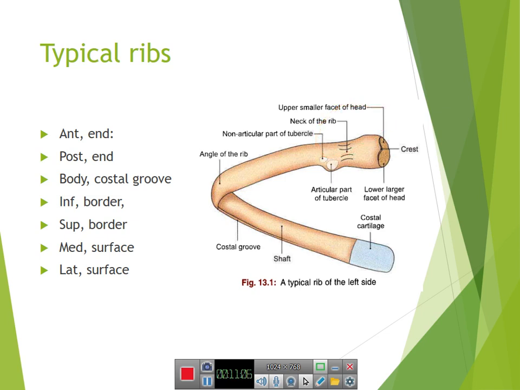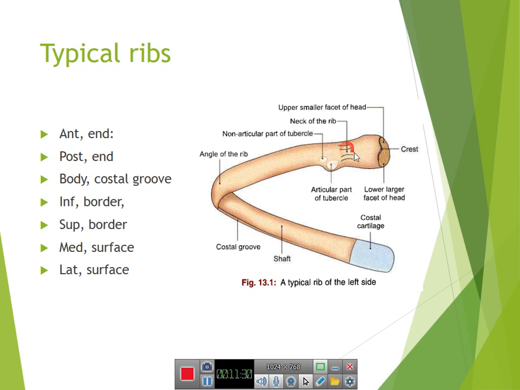The neck lies in the front of the transverse process of its own vertebra. So the neck has two surfaces, anterior and posterior, and two borders, superior and inferior borders.